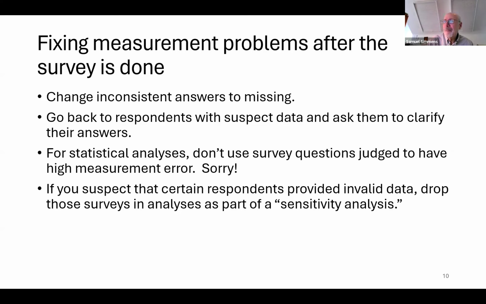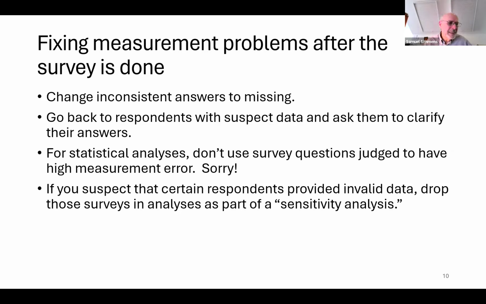Sometimes you can go back, and if it is inconsistent, you want to change it to missing, or if you are somehow able to go back to the original respondents and call them up or send them an email and say, hey, I'd like to talk to you about your answers to questions 5, 6, and 7 on the survey. Can we do that? Then sure, go ahead and do that.